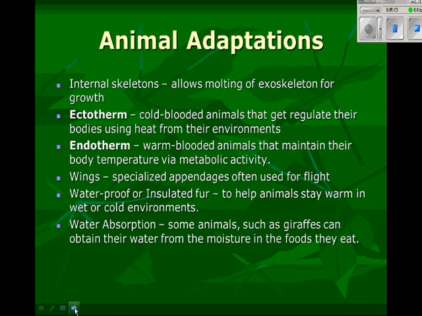Wings, specialized appendages often used for flight. Waterproof or insulated fur to help animals stay warm in a wet or cold environment. And then, of course, water absorption. Some animals, such as giraffes, can obtain their water from the moisture in the foods they eat.